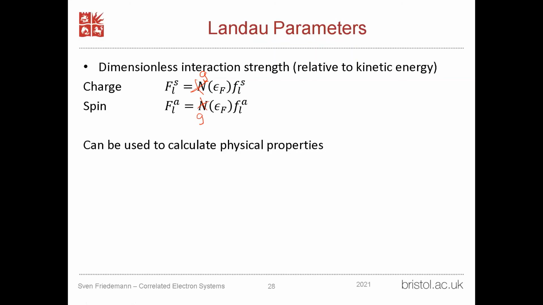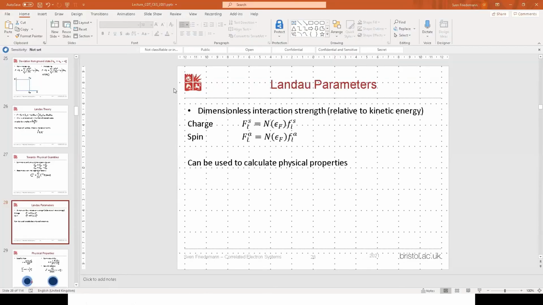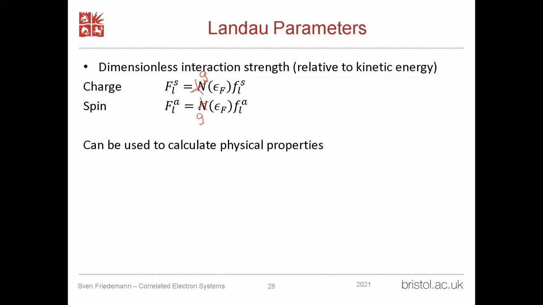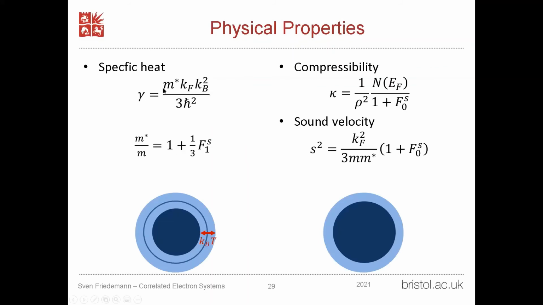The important bit is that we can now use these to correct the physical properties that we've calculated so far, and I'm going to just walk you through how they work out. So the specific heat, we've derived the Sommerfeld coefficient before. Here's an expression in terms of the effective mass and the Fermi momentum, which is equivalent to the one that we've had before in terms of the carrier concentration and Fermi temperature.